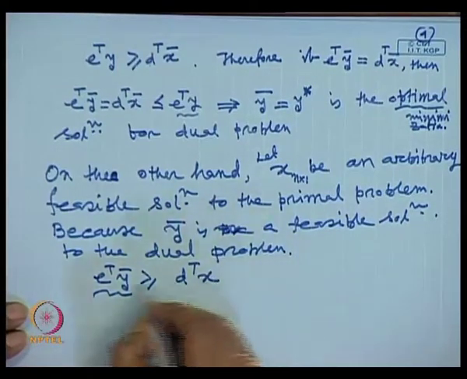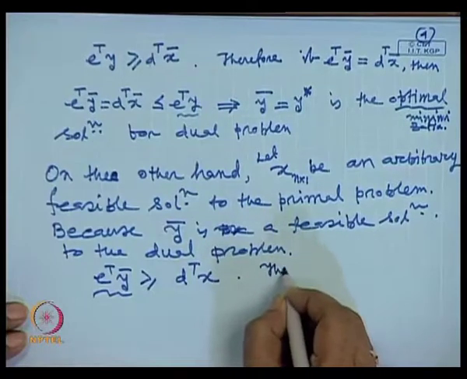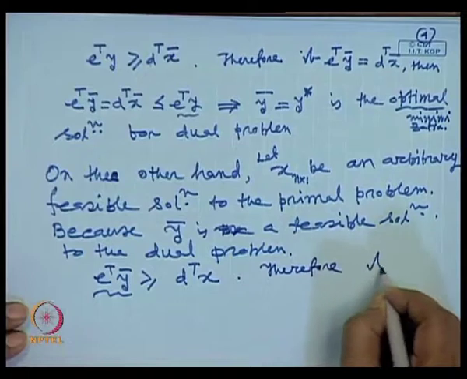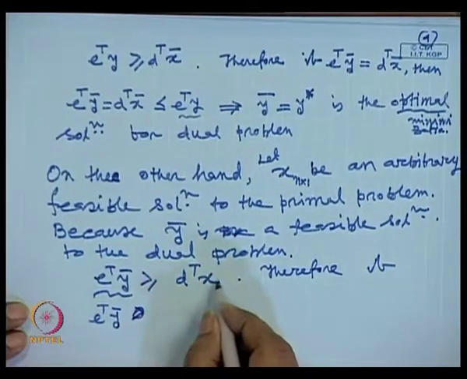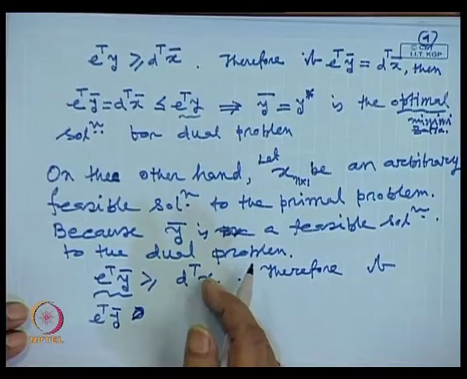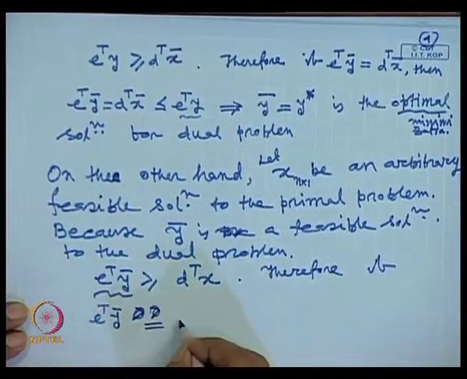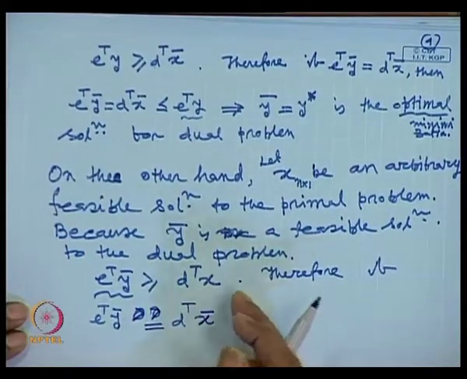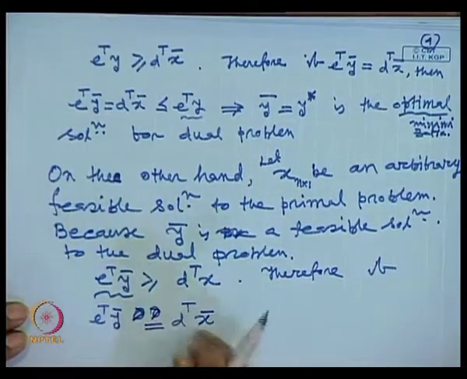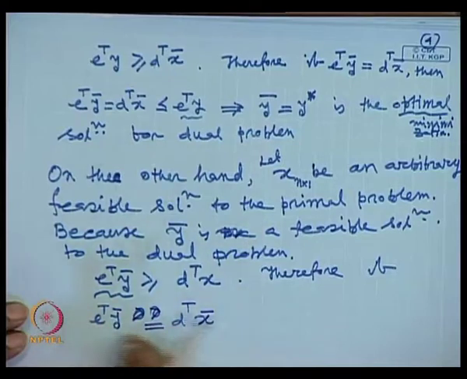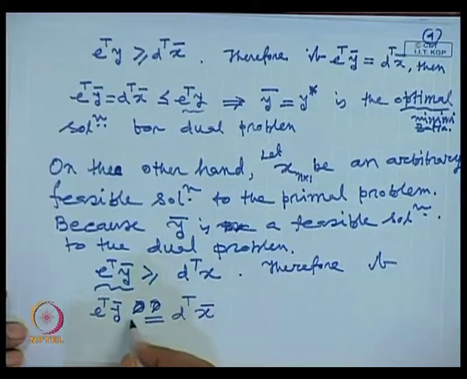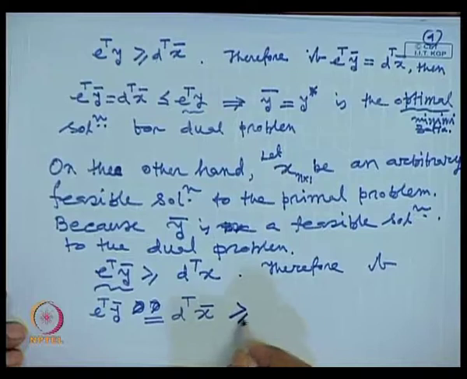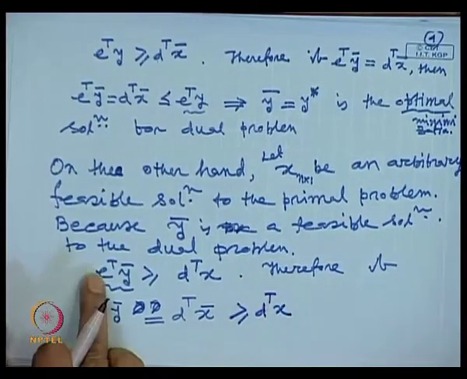Therefore, if there is some choice of x, let us call it x bar, for which the objective function is the same, then E transpose y bar will be greater than or equal to D transpose x.